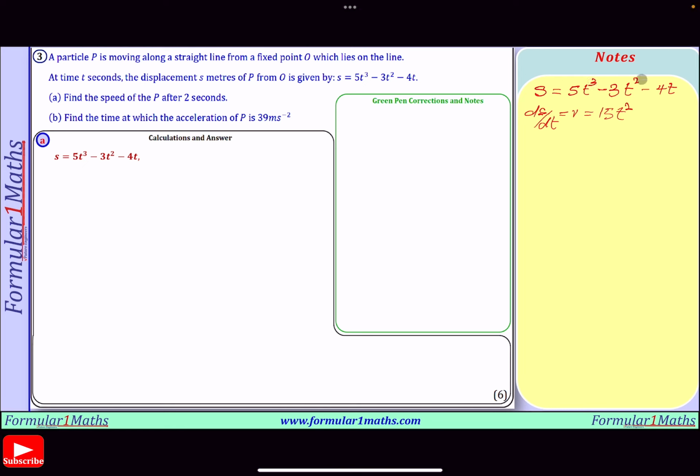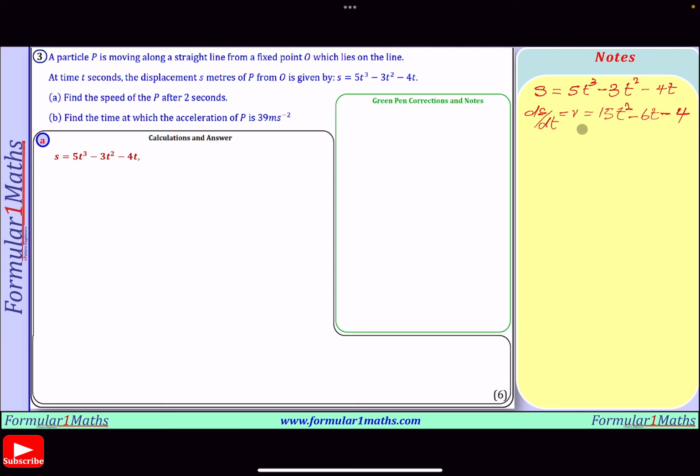We do the same thing with the second term. 2 times minus 3 is minus 6t. Reduce the power by 1, we get 1. And do the same thing for the third term. We get 4. So this is the velocity.